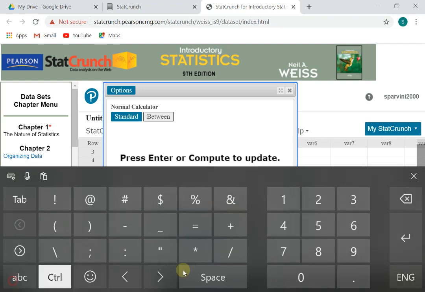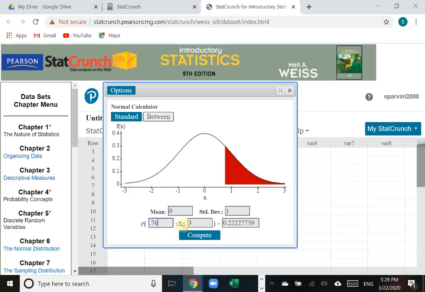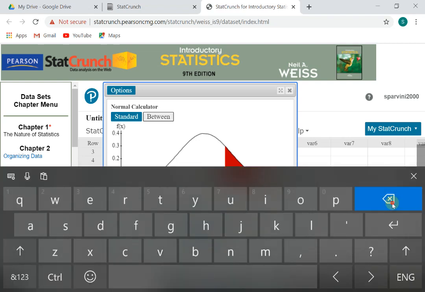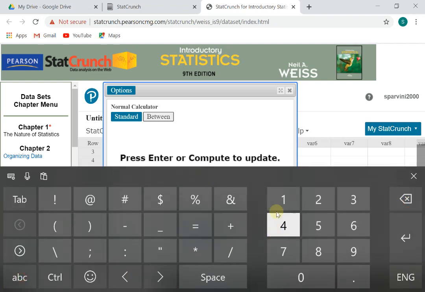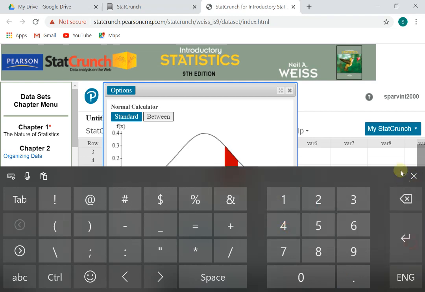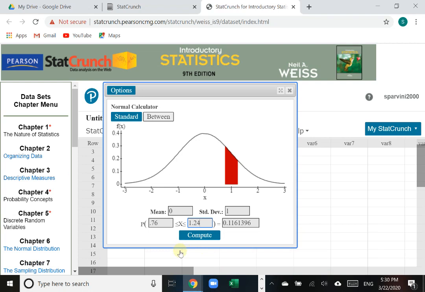So I'm going to go between 0.76, enter, and this number was 1.24, enter, and there you go. The number we had was pretty close to that, 1161, and there you have it. So you can see that's between, and you can see the, again, shaded region.